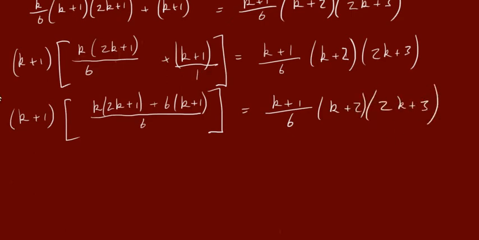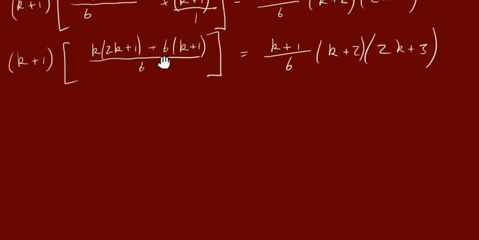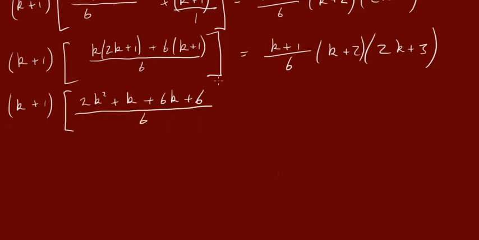Okay, so we're just dealing with the left hand side here, so let's continue that on. So I've got a k plus 1 here. Over here I'm going to multiply this out on the top, so I end up with 2k squared plus k plus 6k plus 6, and then 6 on the bottom here. Right hand side, exactly the same again.